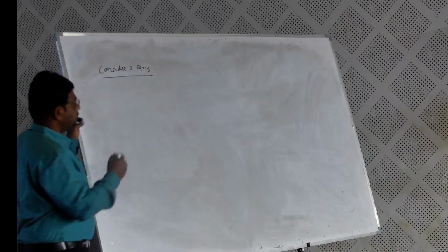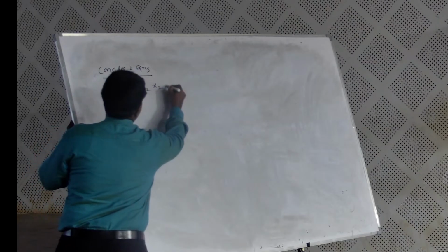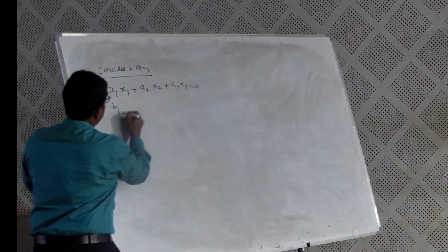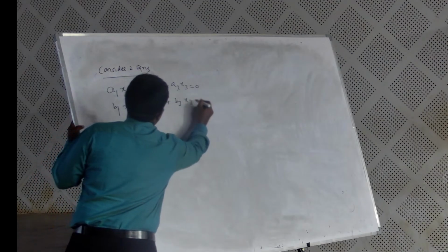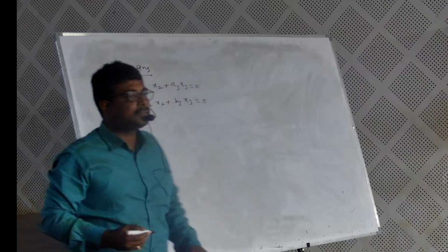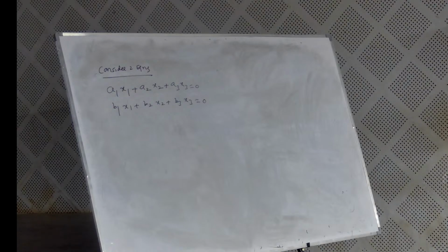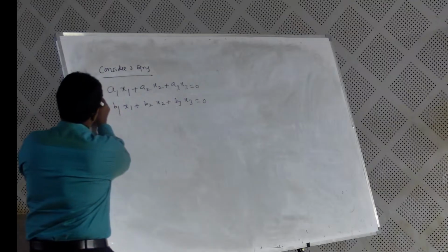Consider the two equations. The first equation is a1 x1 plus a2 x2 plus a3 x3 equal to 0, and the second equation is d1 x1 plus d2 x2 plus d3 x3 equal to 0. We have two equations, and it is easy to solve two equations using this shortcut. Select the first equation.